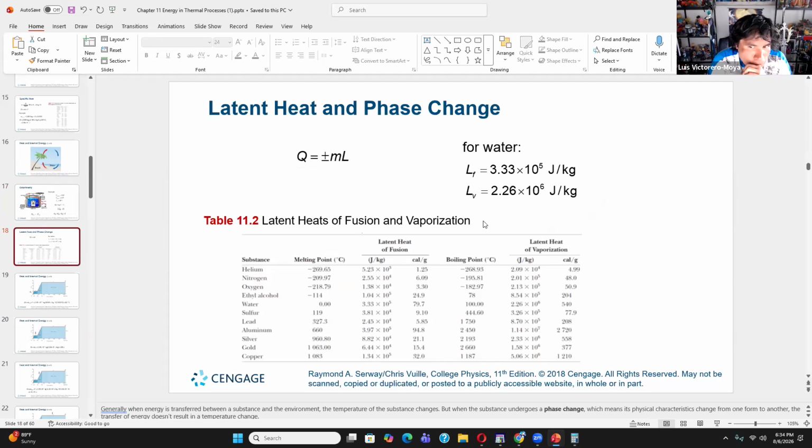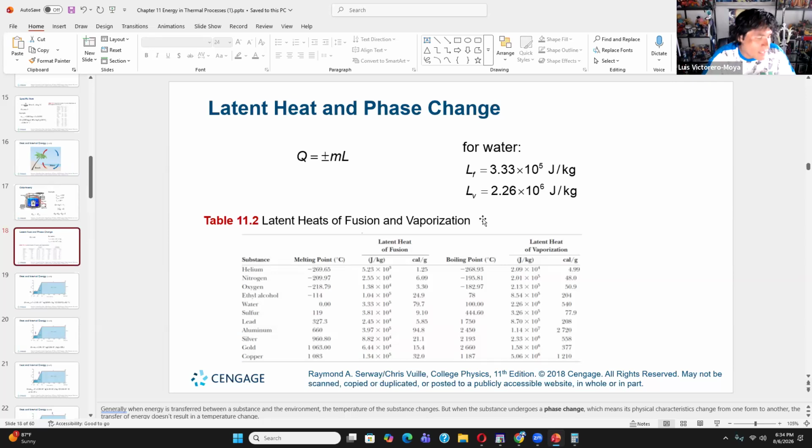You see, ice is melted and then it becomes water. And then eventually that water can evaporate. Right? When you boil it, it evaporates and it becomes gas. That is a phase change. So we call it latent heat.